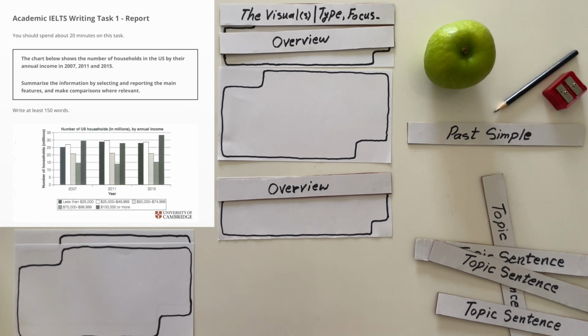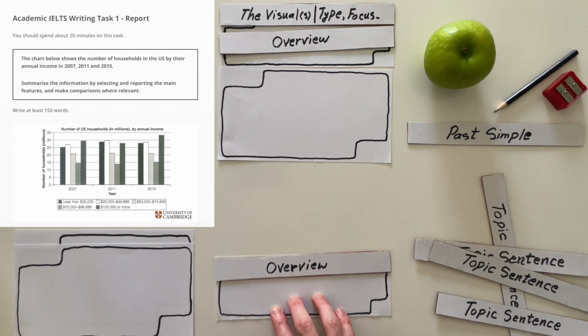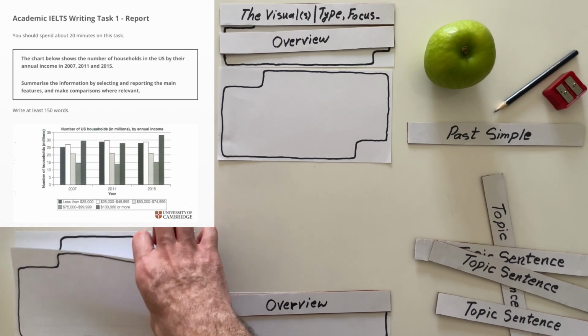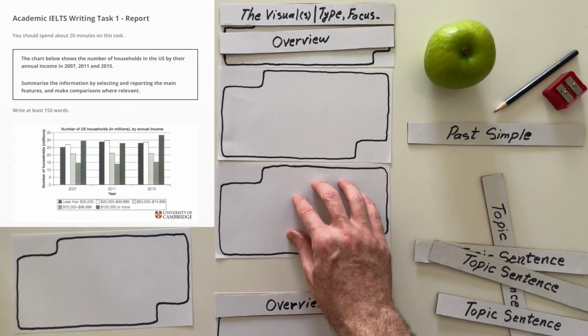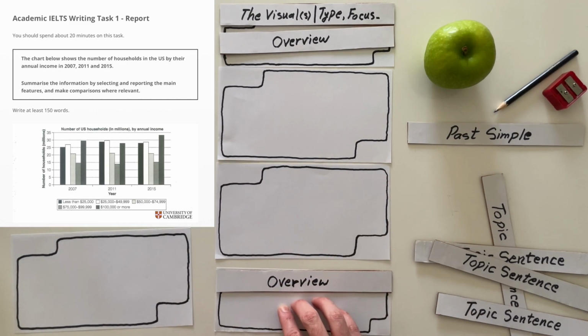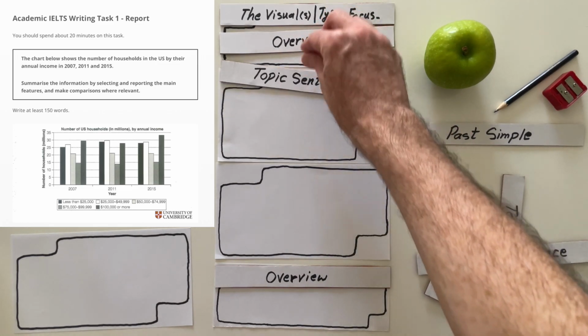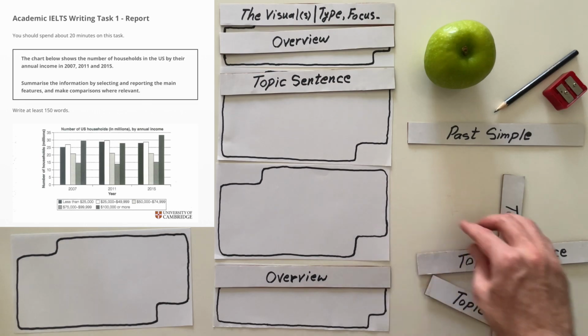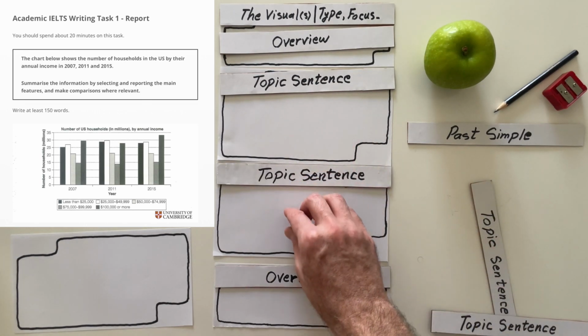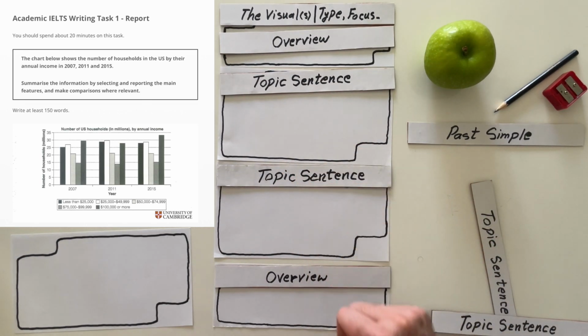What am I going to do next? I'm going to introduce a new paragraph here. Very good. I, of course, need two topic sentences. What are they going to introduce?